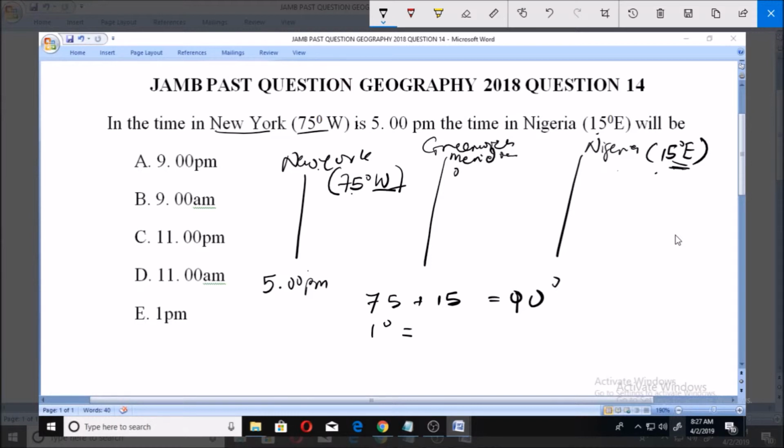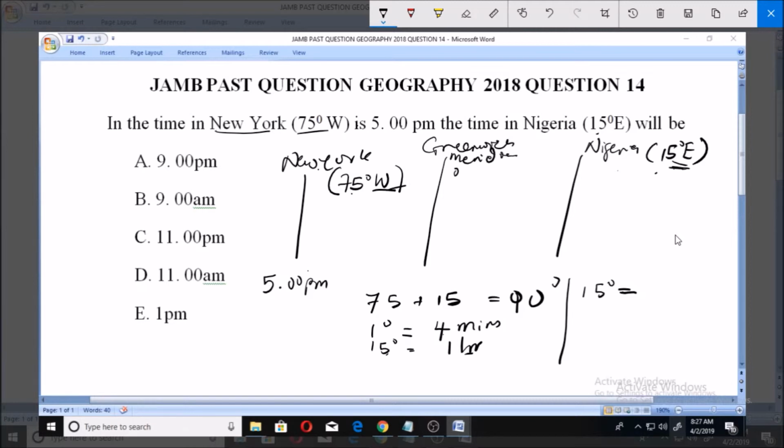Now we need to find the number of hours between the two locations. If 15 degrees is equivalent to 1 hour, then we are considering 90 degrees here.